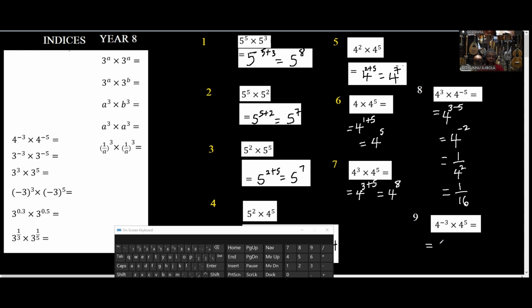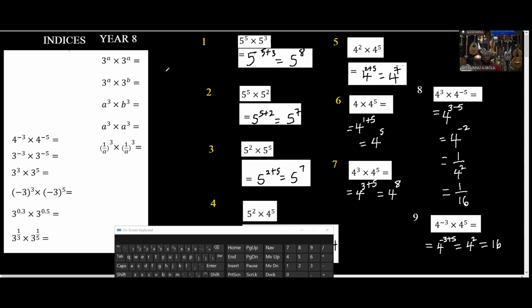So this is 4 raised to power negative 3 plus 5. And negative 3 plus 5 is positive 2. So this is 4 squared, which is the same thing as 16.